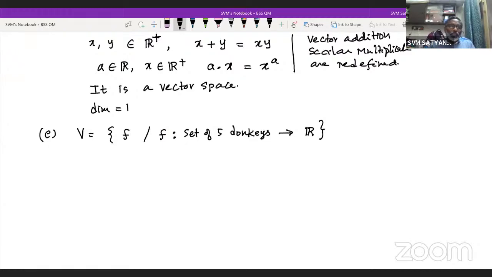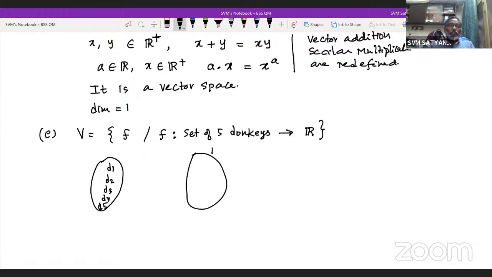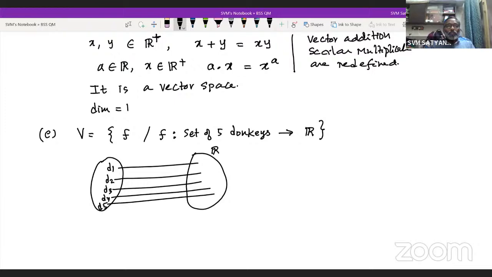No, so let's say that I have a set where I have donkey 1, donkey 2, donkey 3, donkey 4, and donkey 5. And then I have a set of real numbers here. So donkey 1 is mapped to some real number, donkey 2 is mapped to some real number, donkey 3 is mapped to some real number, and so on. So this is one function.